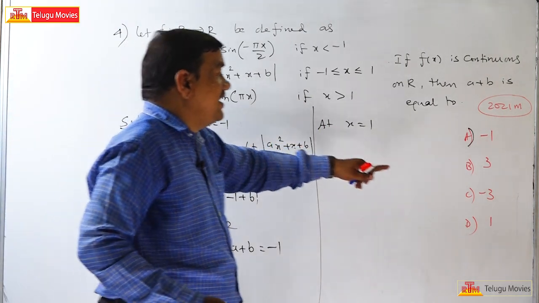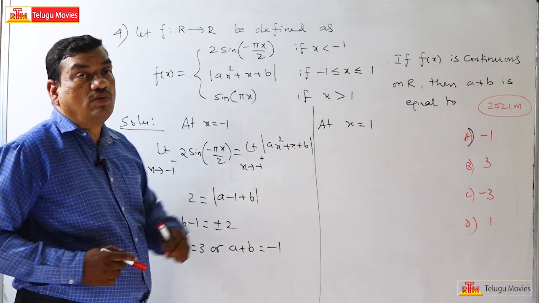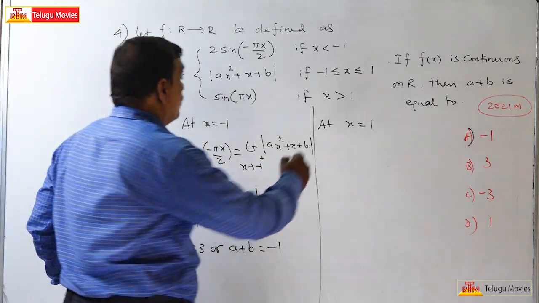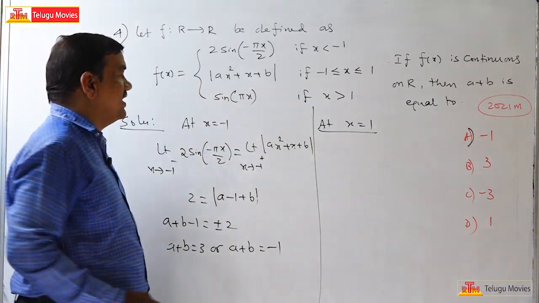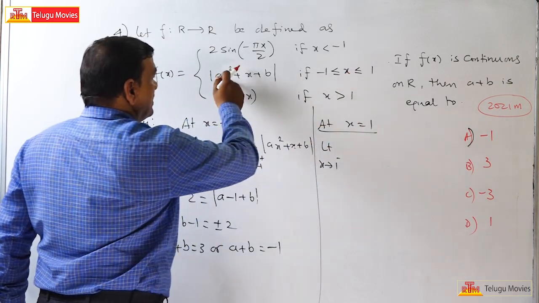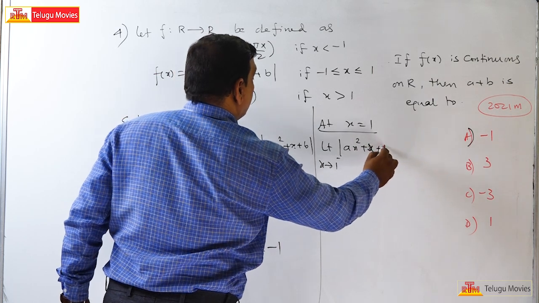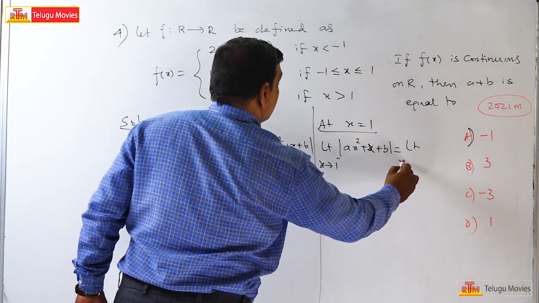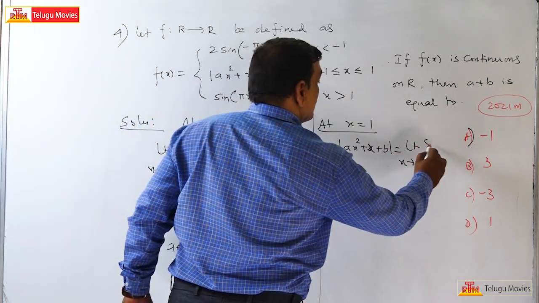Here minus 1 is there, 3 is also there, but don't reach the conclusion yet. One more concept is there, at x is equal to 1. So here also the left hand side limit and the right hand side limit. Limit x tends to 1 minus, meaning left hand side, of modulus of ax square plus x plus b is equal to limit x tends to 1 plus of sine pi x.